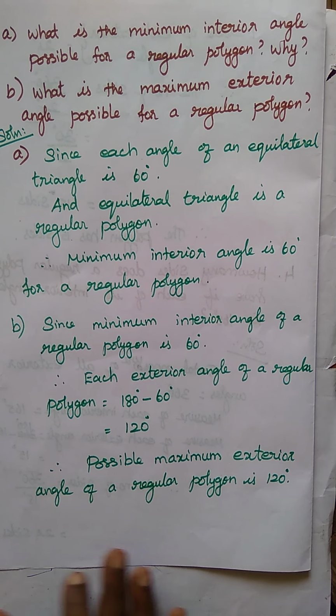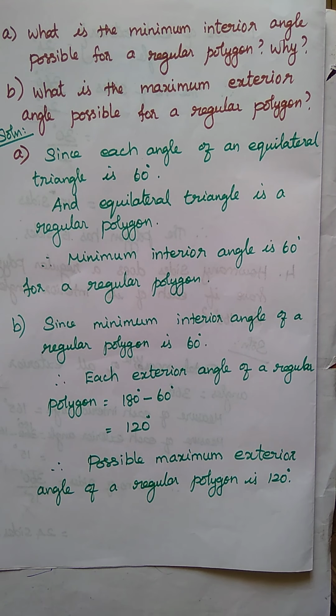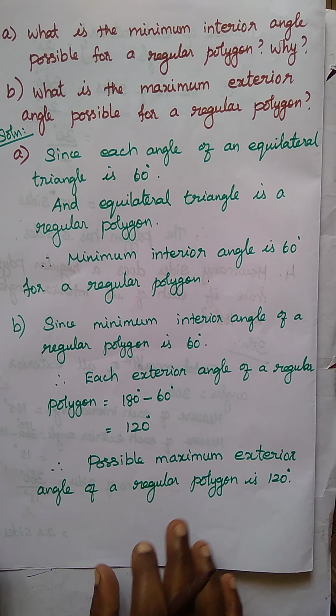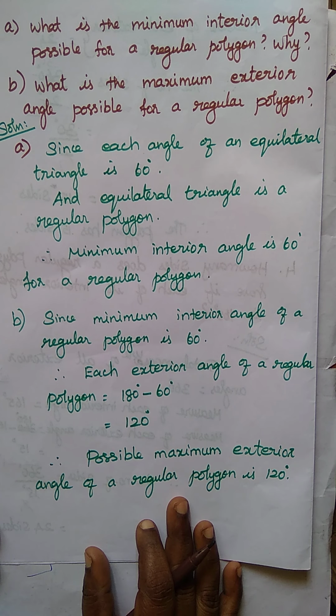Okay, so in this class, if the angle is given we find the sides. We saw how many sides there are in a polygon. Then suppose the sides are given, we find the angles. How many angles are there in a polygon. So these types of sums we worked out today.